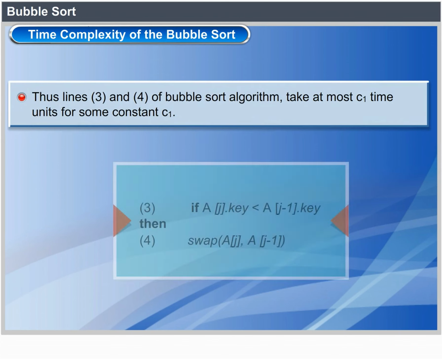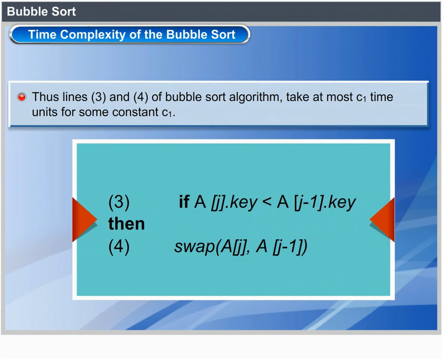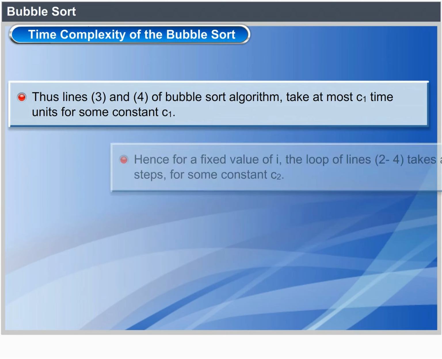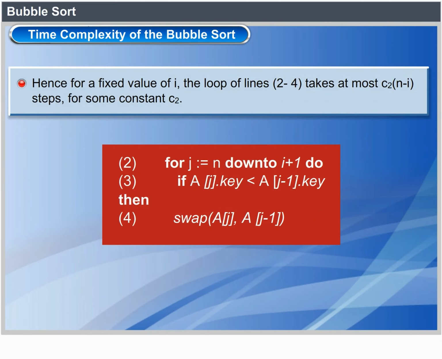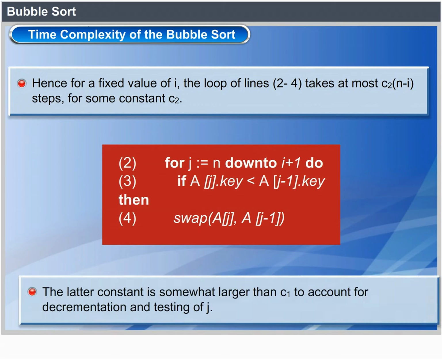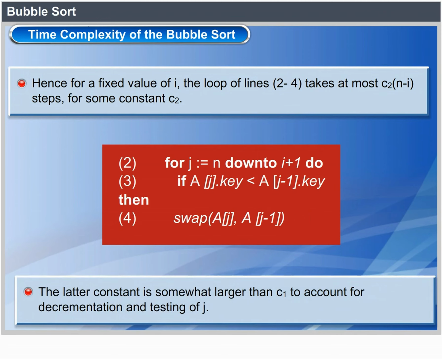Thus, lines 3 and 4 of the bubble sort algorithm take at most C1 time units for some constant C1. Hence, for a fixed value of i, the loop of lines 2 to 4 takes at most C2 times (n minus i) steps for some constant C2. The latter constant is somewhat larger than C1 to account for decrementation and testing of j.